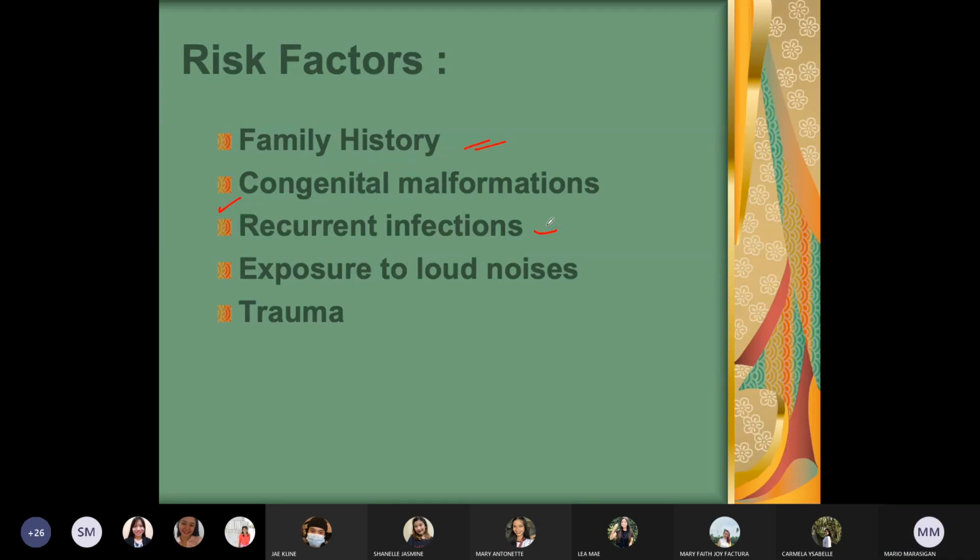Okay. If you are exposed to loud noises, not only those loud noises, mga anak, of course, trauma, but specifically now that we are always having, itong ating ginagamit na earbuds, no?